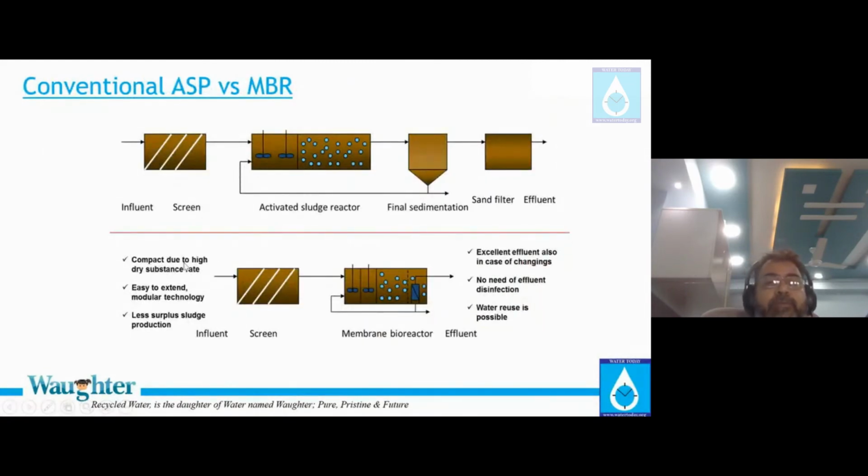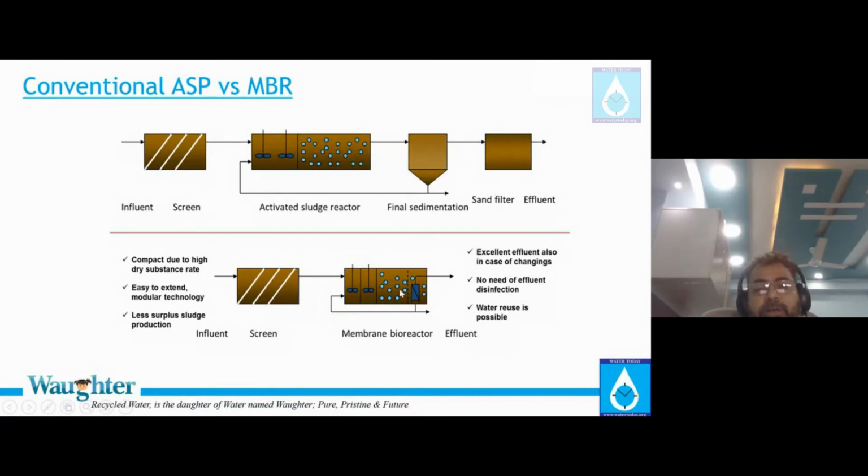If you have to compare the activated sludge process and the MBR process, I will make a more technical comparison than the marketing ones. You require influent screens, an activated sludge reactor, final sedimentation, and a sand filter kind of device. Whereas here you require influent as well as screens, but you can have some kind of anoxic mixers.